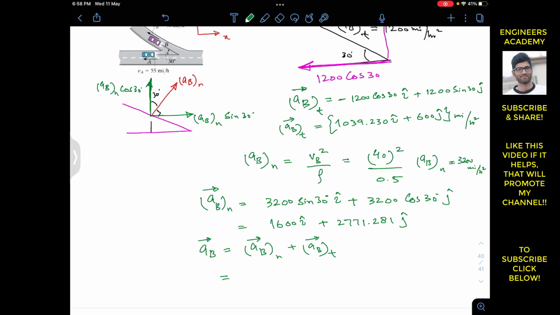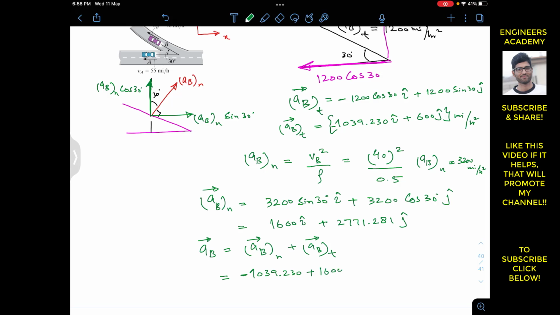The ABT i component is 1039.230, and remember that this is negative, so we have to write minus 1039.230, plus 1600.